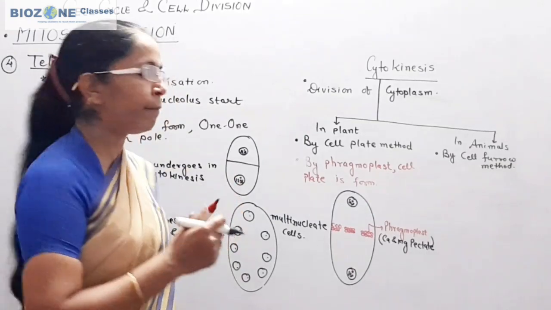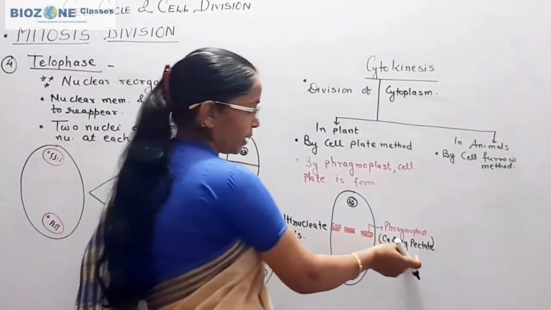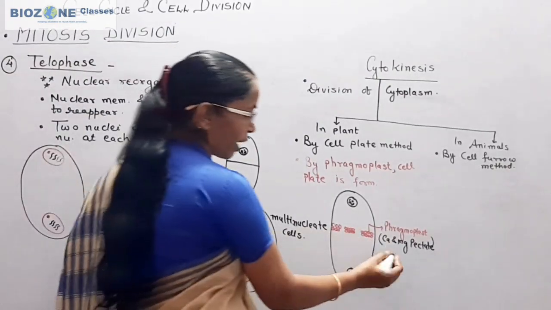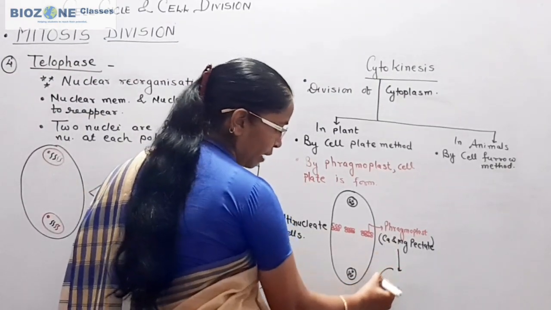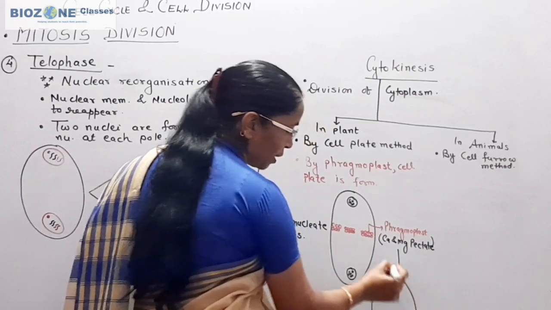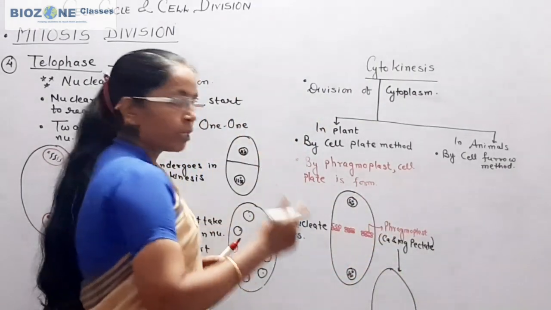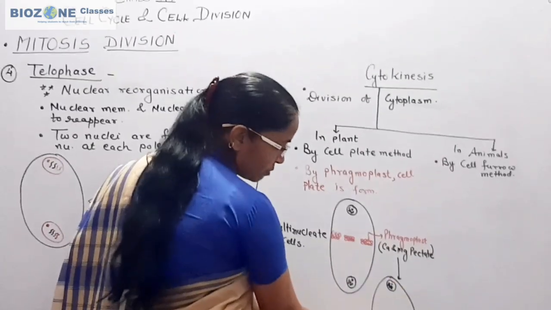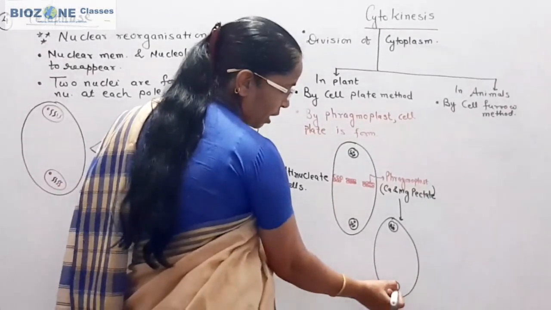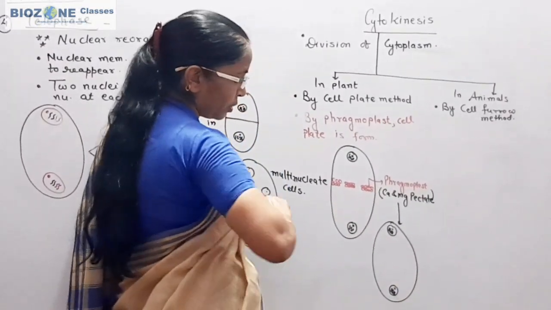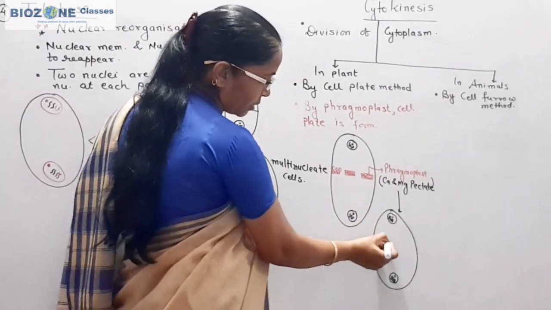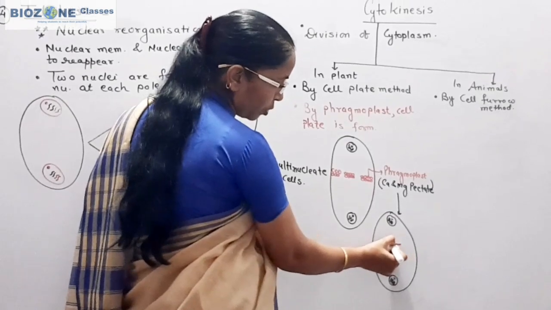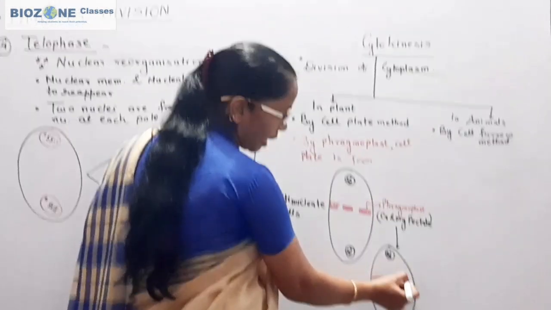We always say the middle lamella is made up of calcium and magnesium pectate. So initially phragmoplasts are formed, and after that the vesicles which contain calcium and magnesium pectate burst. After that the cell plate formation takes place, and later the cellulose and hemicellulose get deposited.